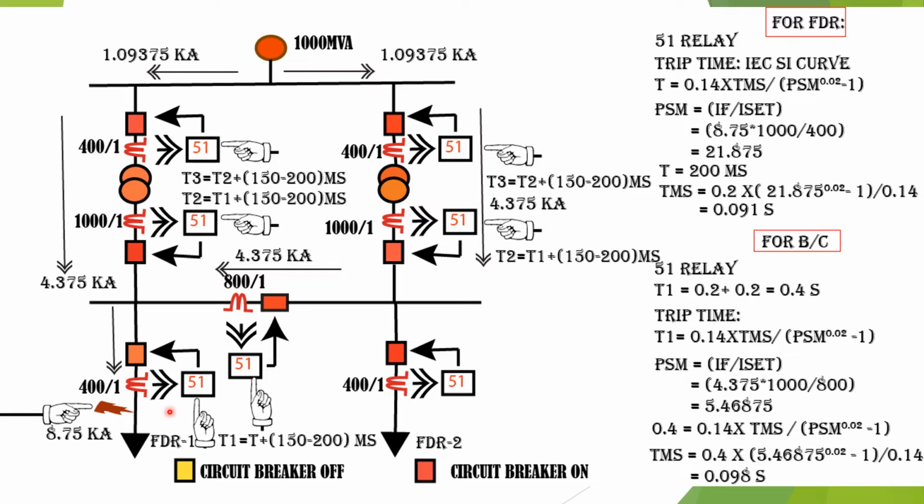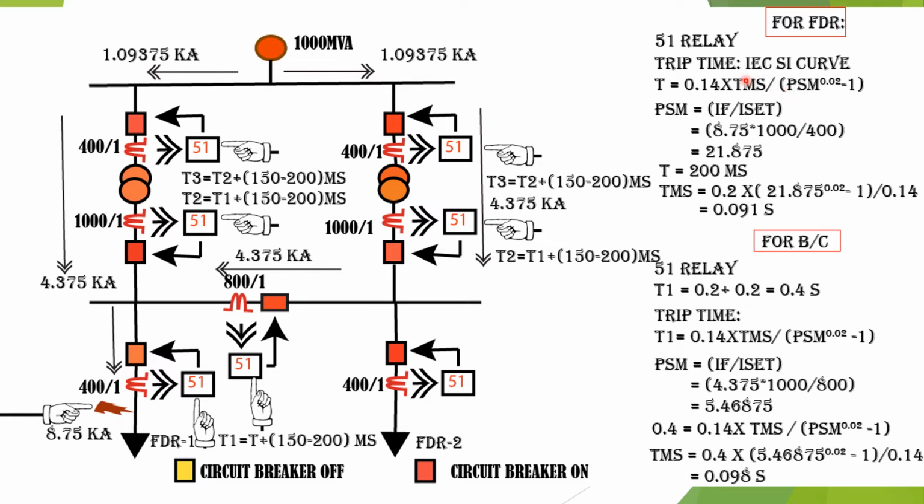Here the IDMT characteristic of the overcurrent relay, IEC standard inverse curve, has been chosen, for which the trip time is given by the formula T equal to 0.14 into TMS divided by PSM to the power 0.02 minus 1. Here TMS means time multiplier setting and PSM means plug setting multiplier, which is the ratio of the fault current to the current setting of the relay.